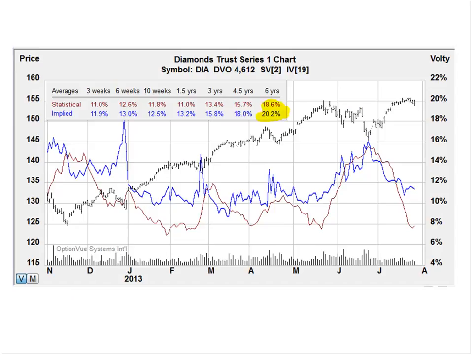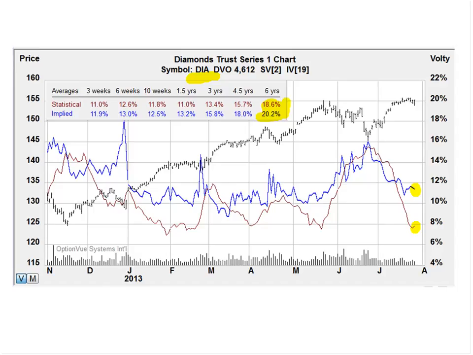For example, in the diamonds, over the last 6 years, on average, implied volatility, the blue line, has been at a 20.2, which is about 1.5% higher than the statistical volatility of 18.6.